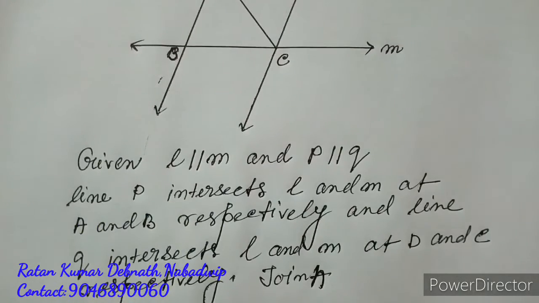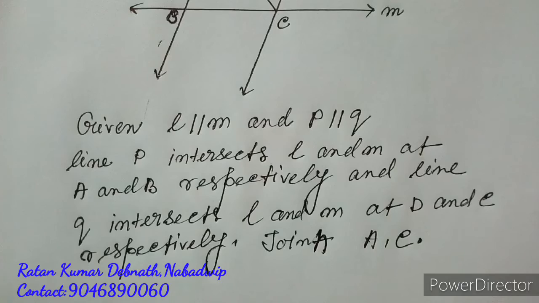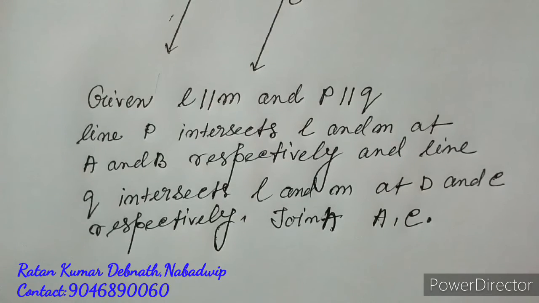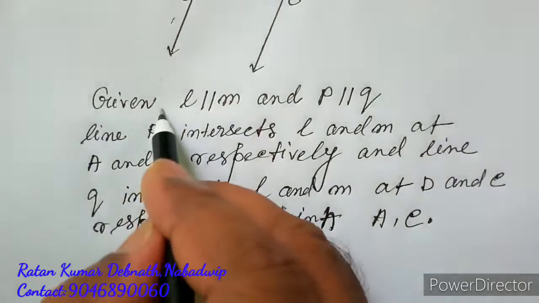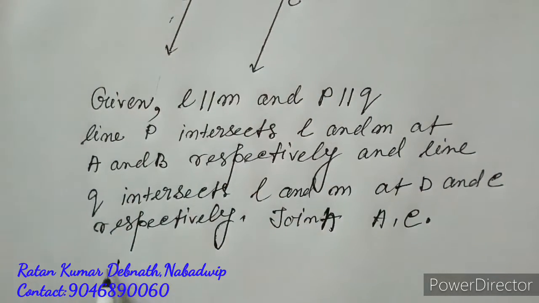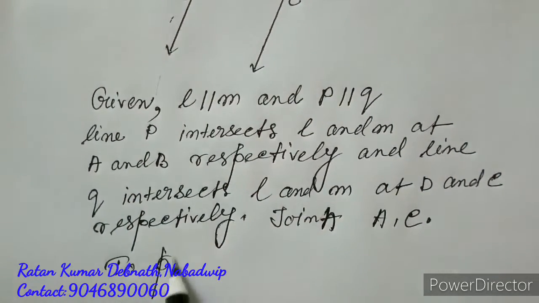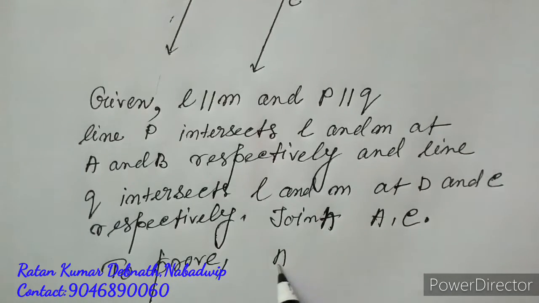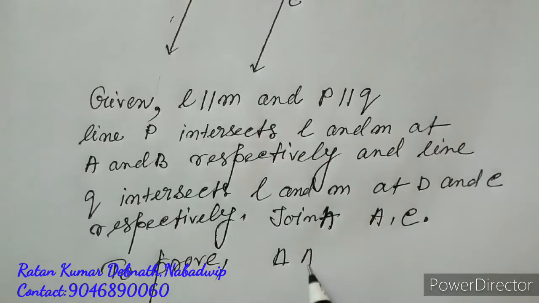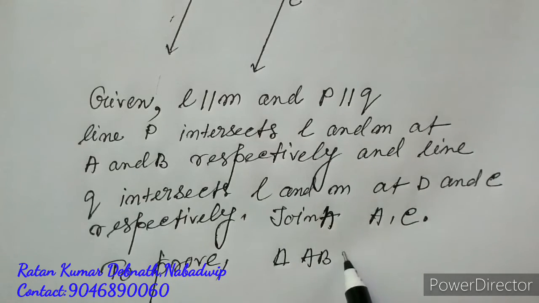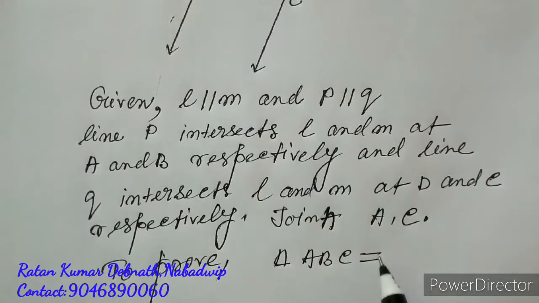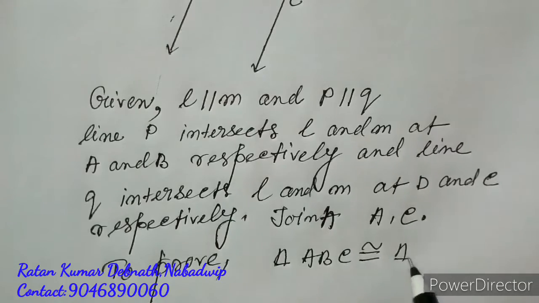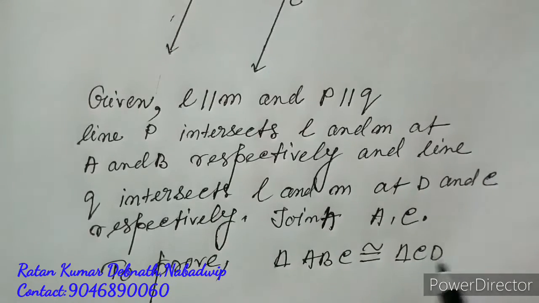Join AC. So these are given. Now what we have to prove? To prove: triangle ABC congruent to triangle CDA.